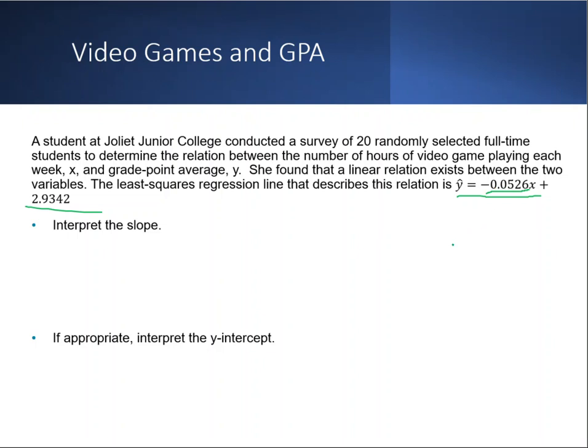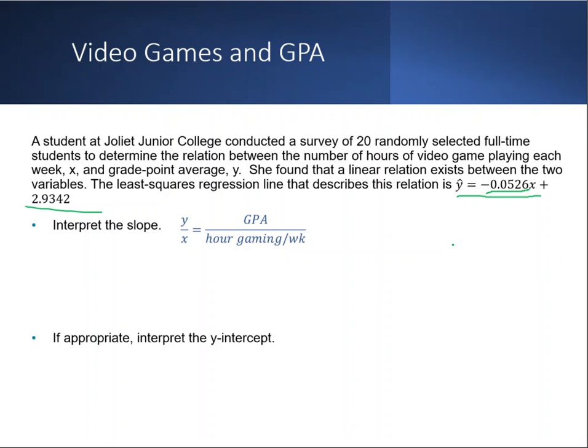0.0526. So when I want to interpret this, we want to set up that relationship of y over x and identify our variables. It just helps us organize our thoughts so we can come up with a sentence. We know that slope is y over x, or response over explanatory. In this case, my y value represents GPA, and X values represent hours gaming per week.